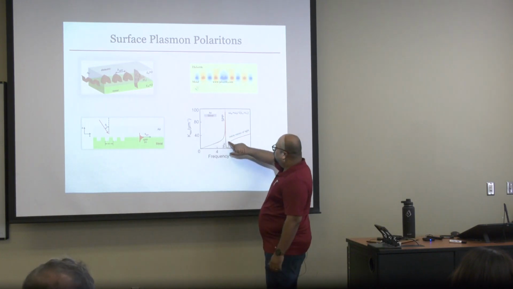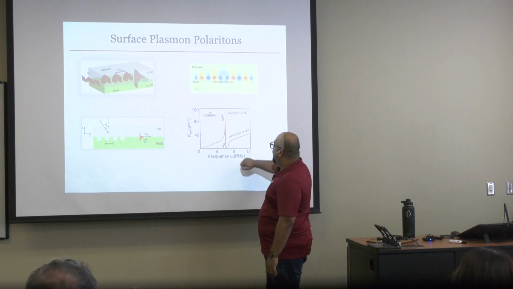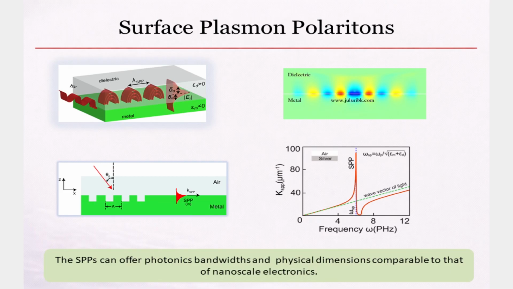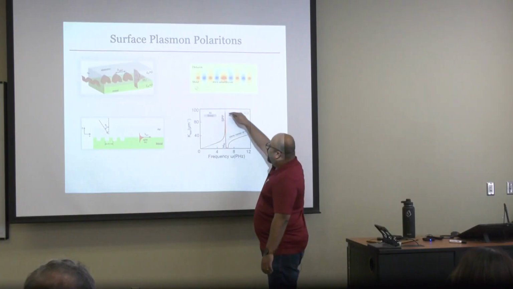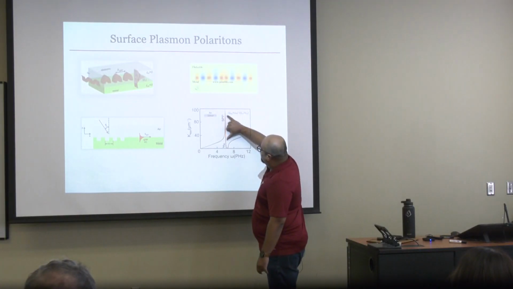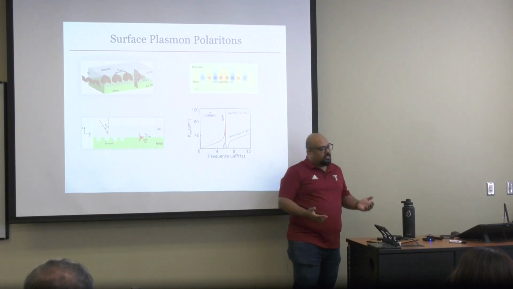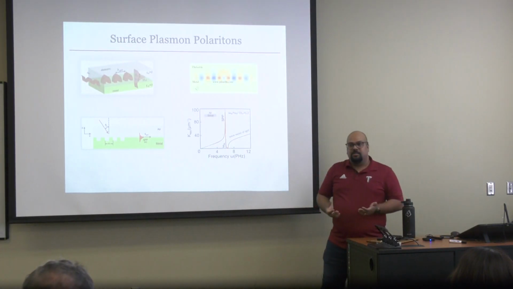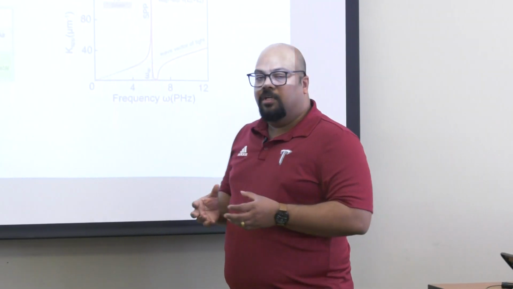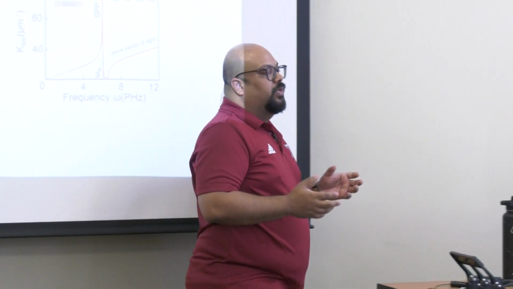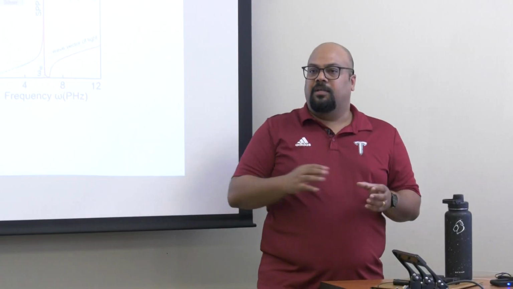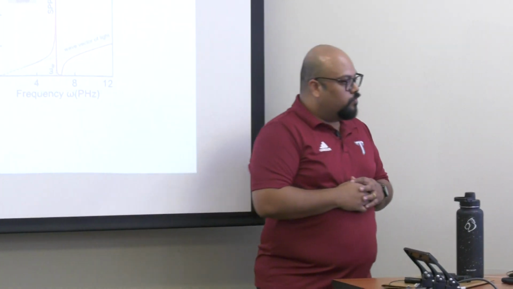As you observe, this is the wave vector of the light, and then at a certain frequency, called the surface plasmon polariton frequency, the wave vector of the SPPs is much, much higher, as you guys see. It's very high. This tells us basically that the light is squeezed, and this helps us understand that we can actually guide the light in nanostructures, okay? And this is called the dispersion relation.